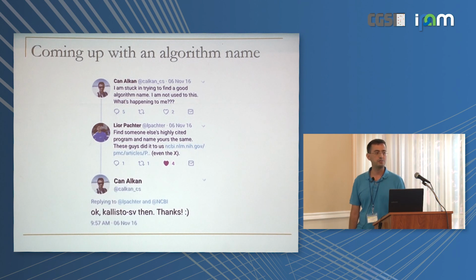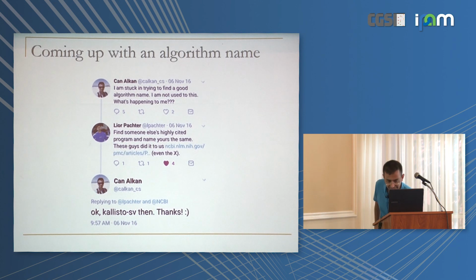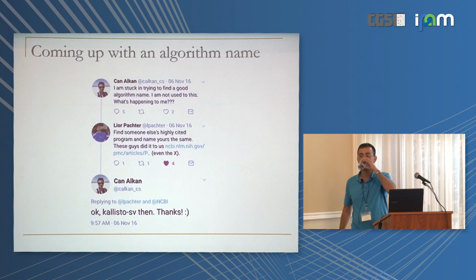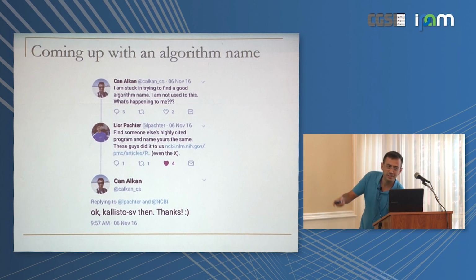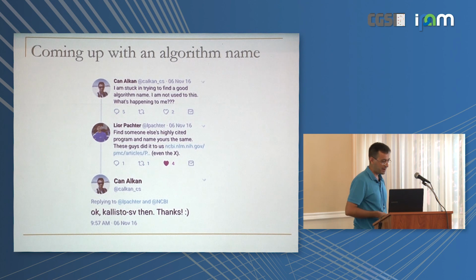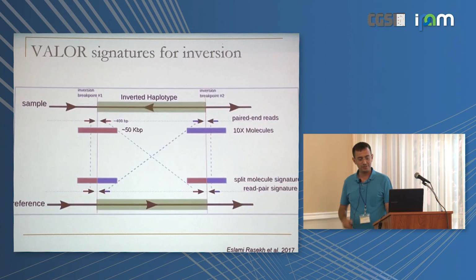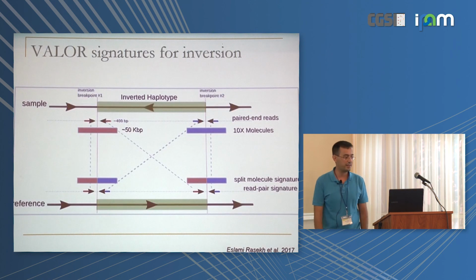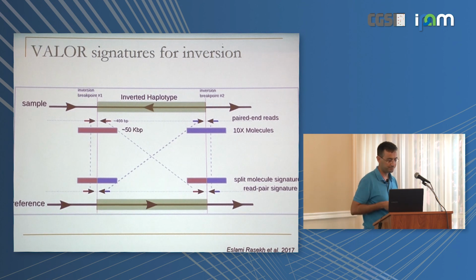And I said, OK, Callisto then. He actually liked it. I mean, he hit the like button. But we didn't call it Callisto. Instead, we called it VALOR, which stands for variation using long-range information.